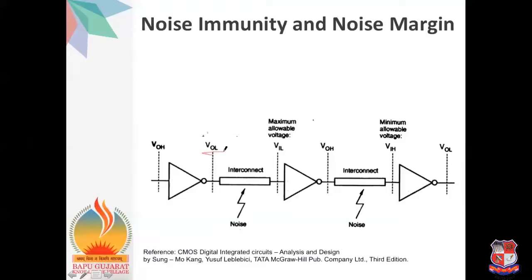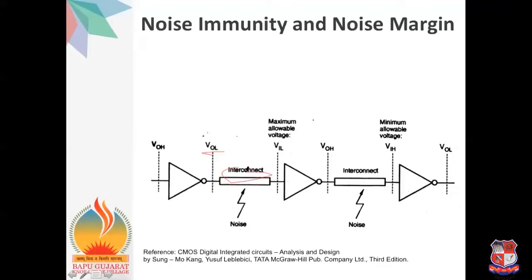Now this output signal is transmitted to the next inverter input via an interconnect, which could be metal or a polysilicon line connecting the two gates.